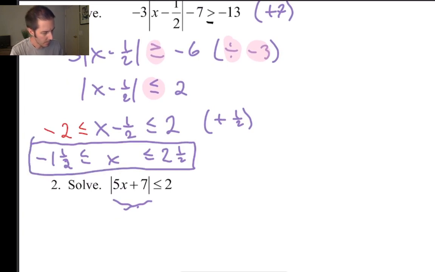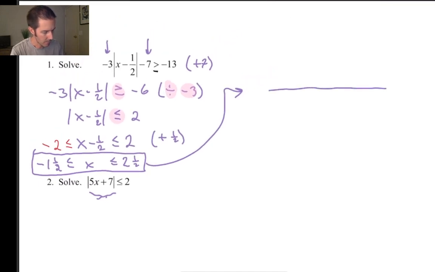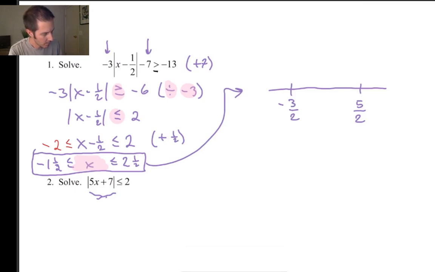Another way would be to write it on a number line. So I'm going to write myself a number line here. I have -3/2, I have +5/2, and literally my x values are between the two. So when it's time to shade the number line, I'm going to shade between those two values.